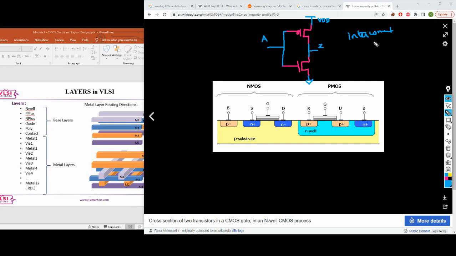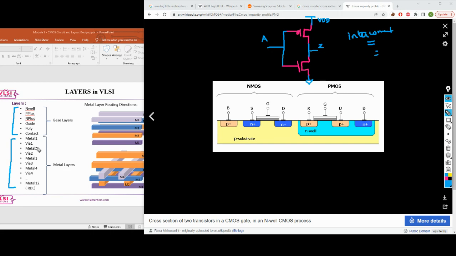All this, eventually, you need to use interconnect layers to establish the connectivities. Now when I say interconnect, remember, which layer is going to be resistive in this case? Are base layers going to be highly resistive, or are metal layers going to be highly resistive? Think, why are we using metal layers for interconnect?